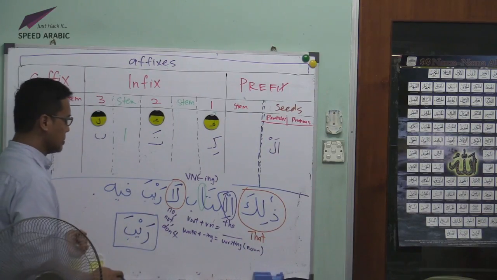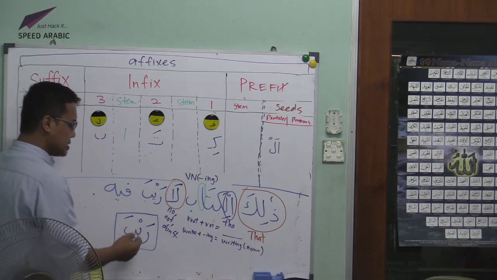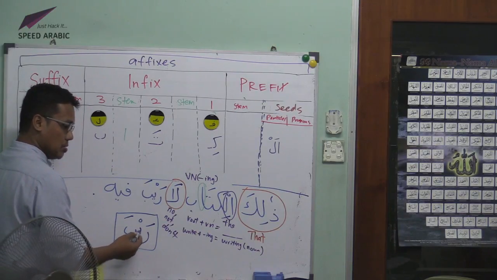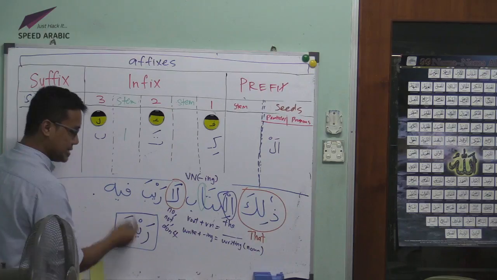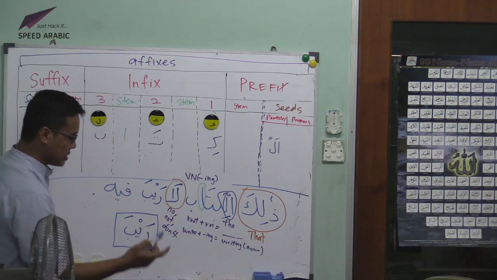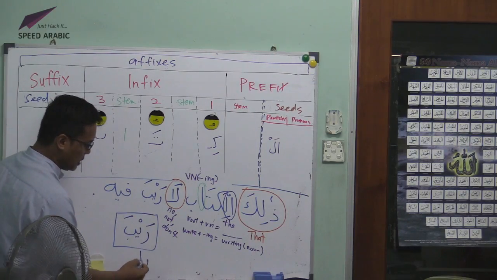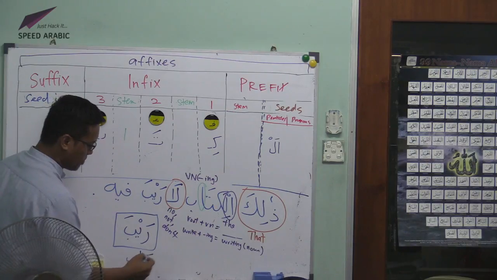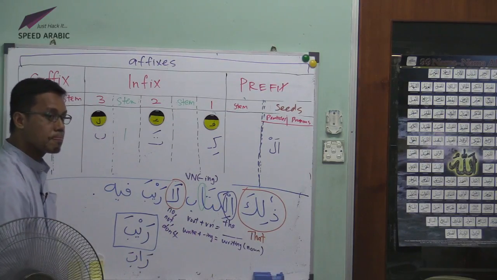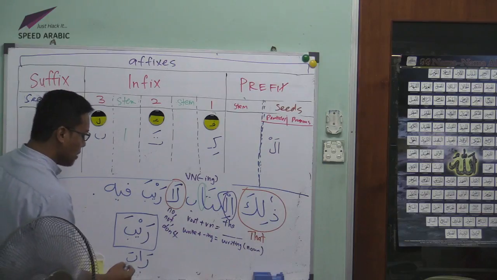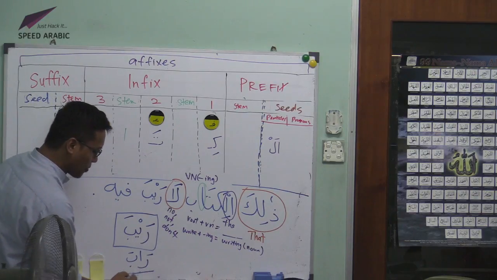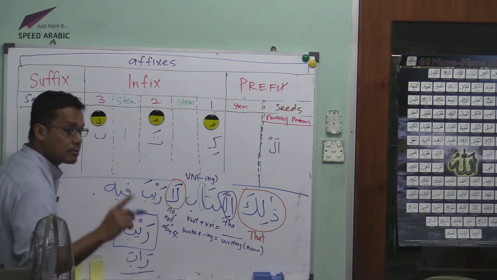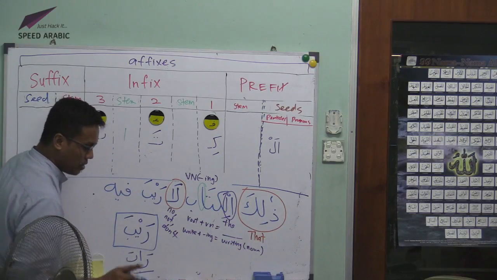3 letters, right? When there is a ya or a wow at the center, when you look at the dictionary, okay, it will change to alif. So you have to look at the entry of Ra, Alif, Ba.